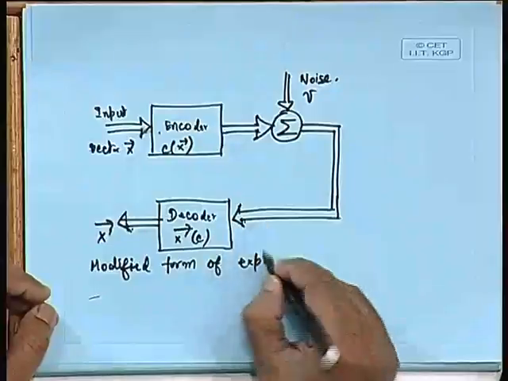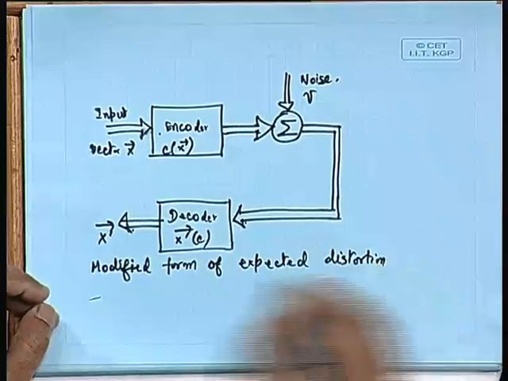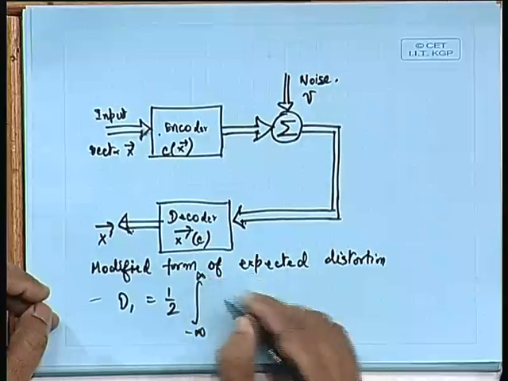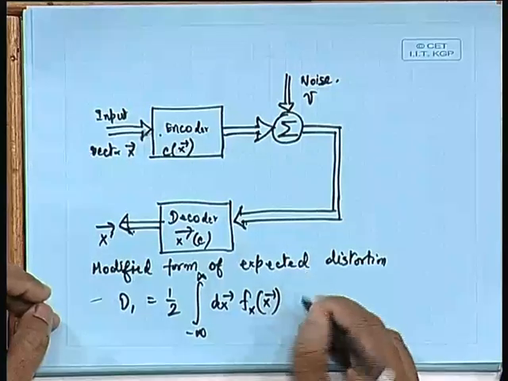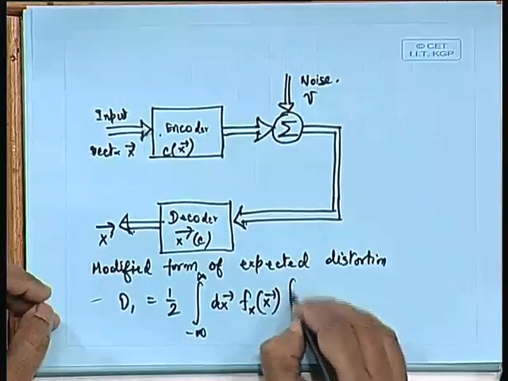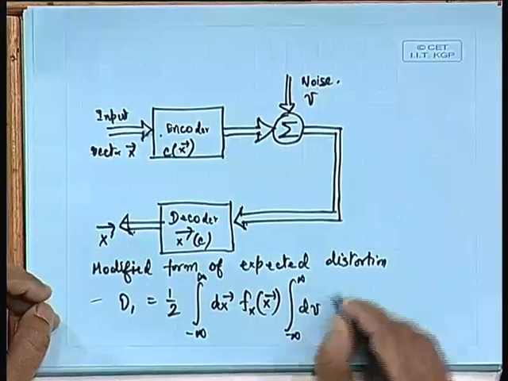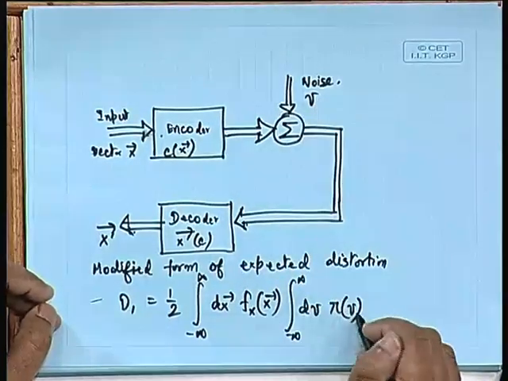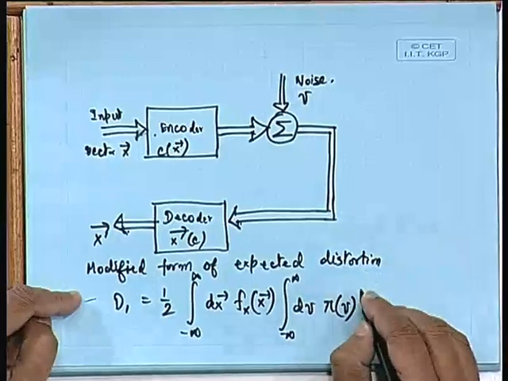So, the modified form of expected distortion will be D1 equal to half of the integral from minus infinity to plus infinity dx vector f x of x vector, and then we have this term coming in, d nu pi of nu, where nu is the noise and pi of nu is the probability density function of the noise. So, what we are doing is that we are first integrating this into this space.